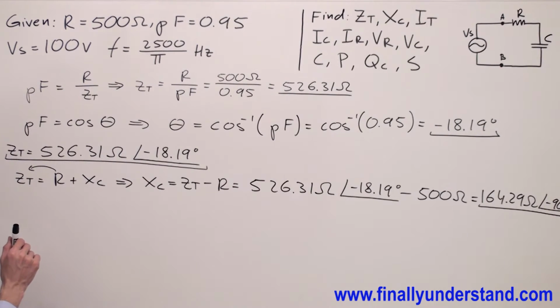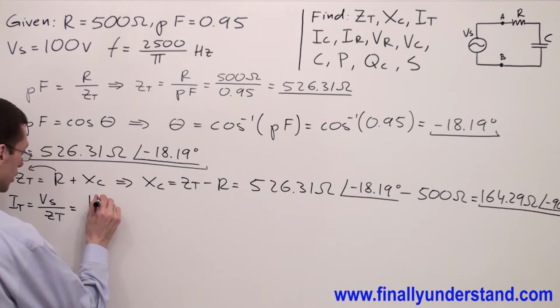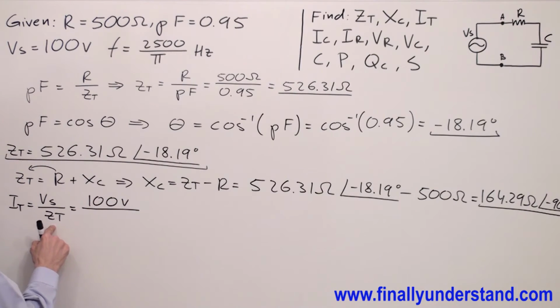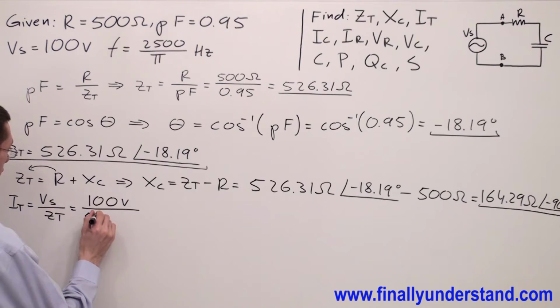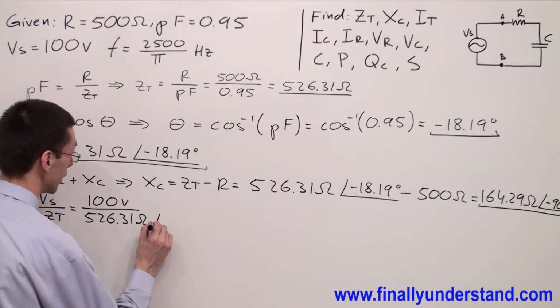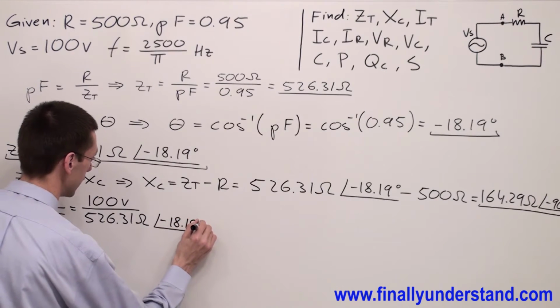Next, we're supposed to find I total. In order to find I total, I'm going to use Ohm's law. I total is equal voltage source over Z total. This is equal voltage source equals 100 volts over Z total, which is equal 526.31 ohms and angle of negative 18.19 degrees.